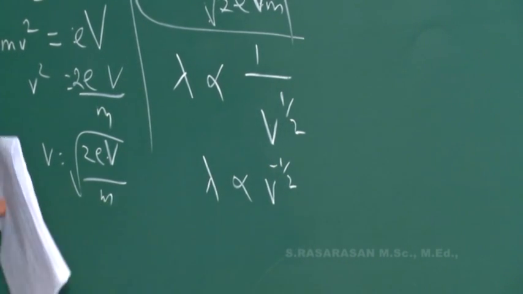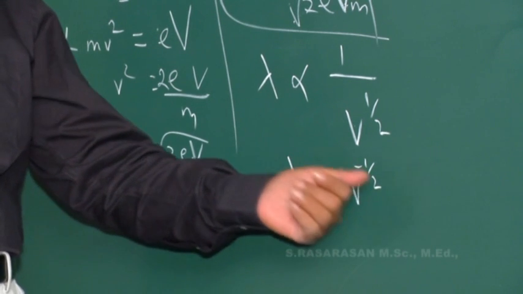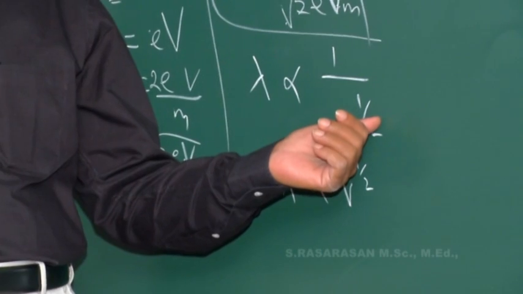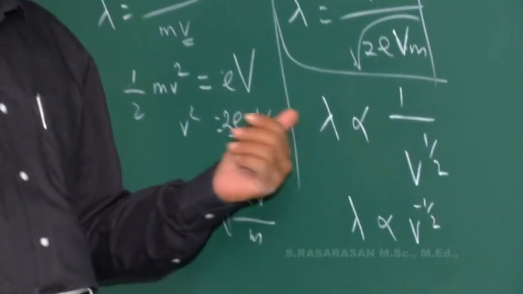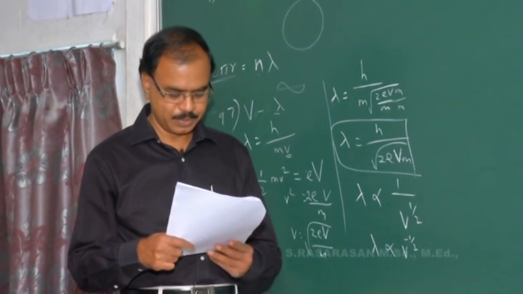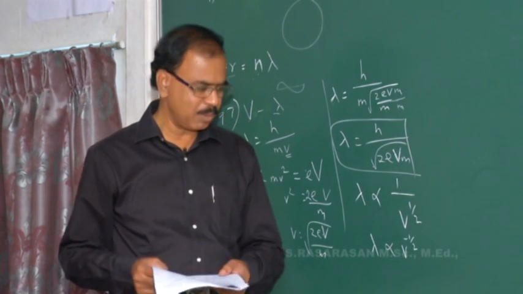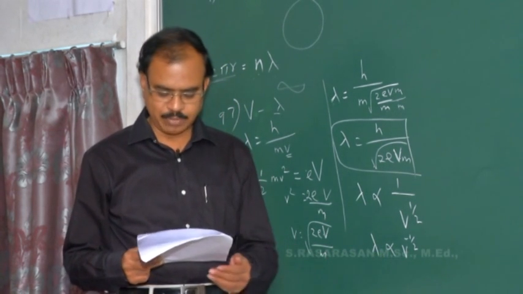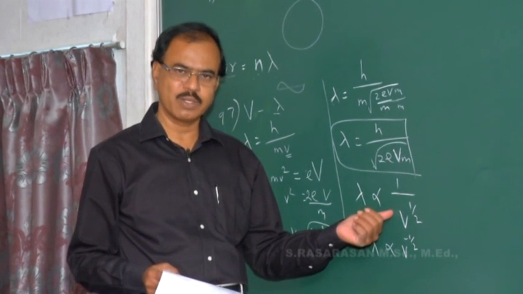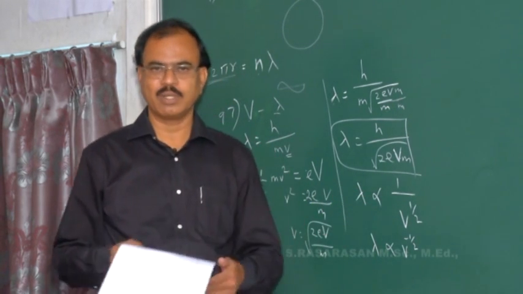We can say it any way. The de Broglie wavelength is directly proportional to V to the power minus half. It is inversely proportional to V power half, the same thing, or inversely proportional to the square root of the potential difference. See option D, V power minus half. They have asked for directly proportional, so V power minus half. If they had said inversely, we would say V power half.